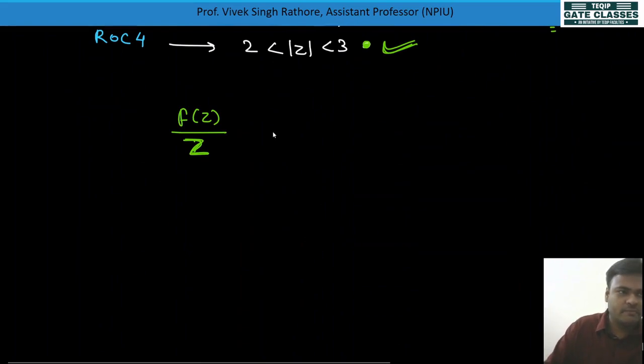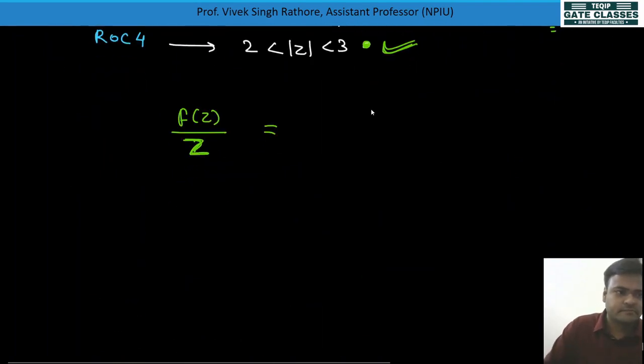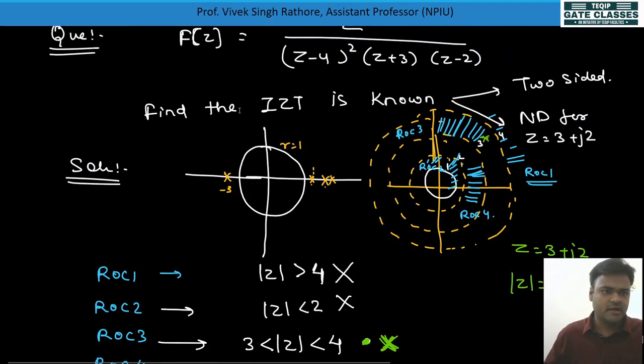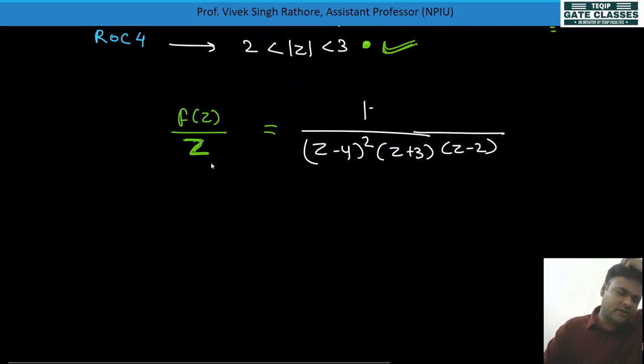So f of z by z will be equal to 1 by (z minus 4) whole squared, (z plus 3) and (z minus 2). Now we have just transferred z here, so we can do partial fraction.